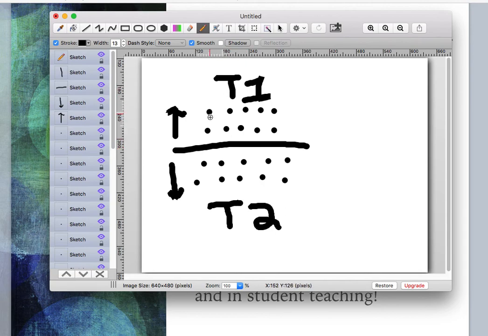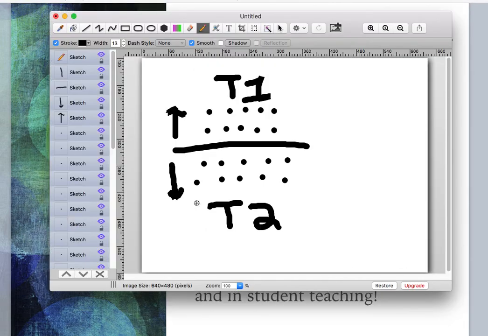So instead of one teacher trying to teach 20 students, that teacher just has to split their time and resources between 10 students instead. And then teacher 2 will take the other 10 students and they'll be teaching them down here. So it's parallel. They're both teaching the same thing, but just to a smaller group.